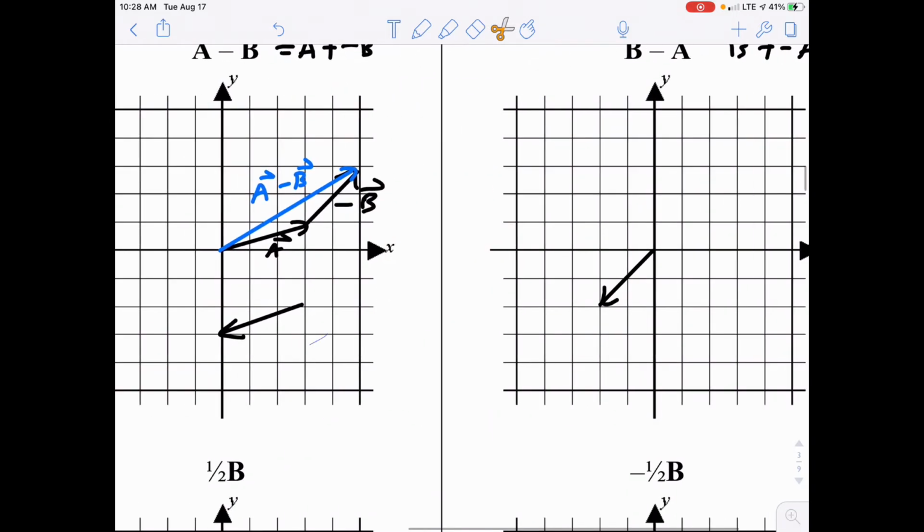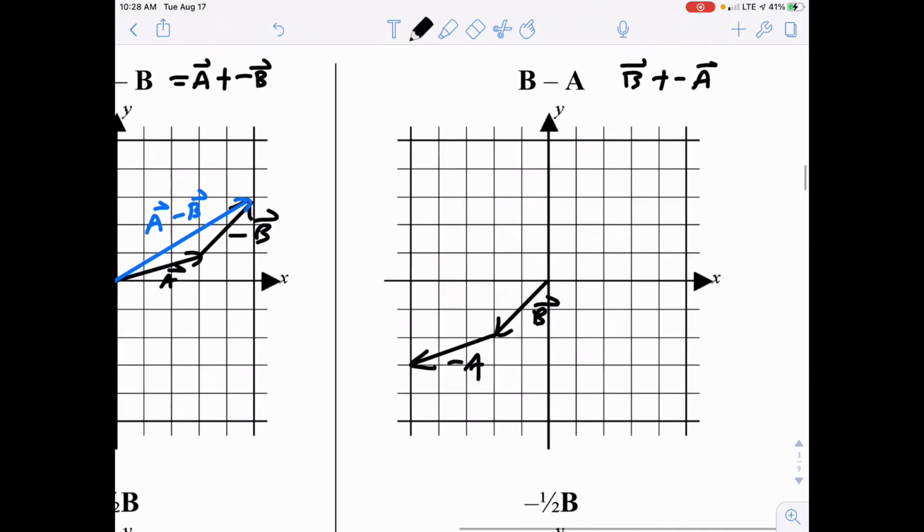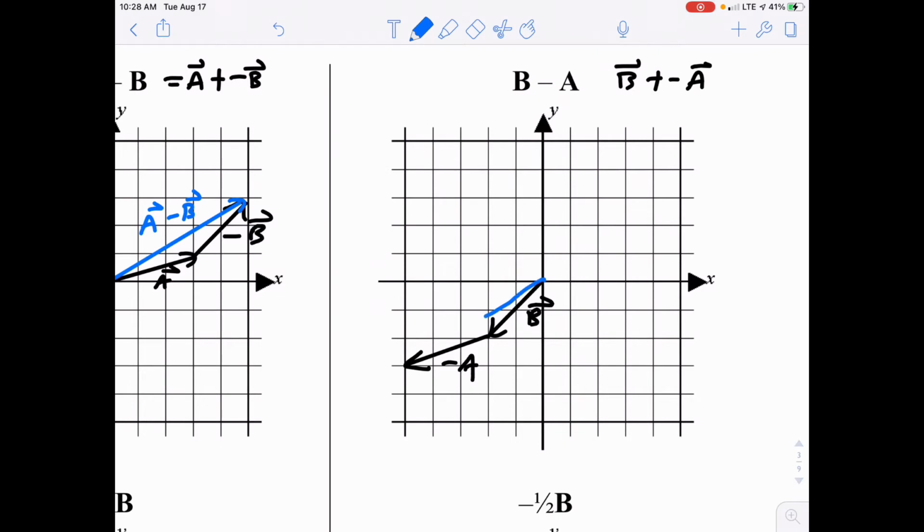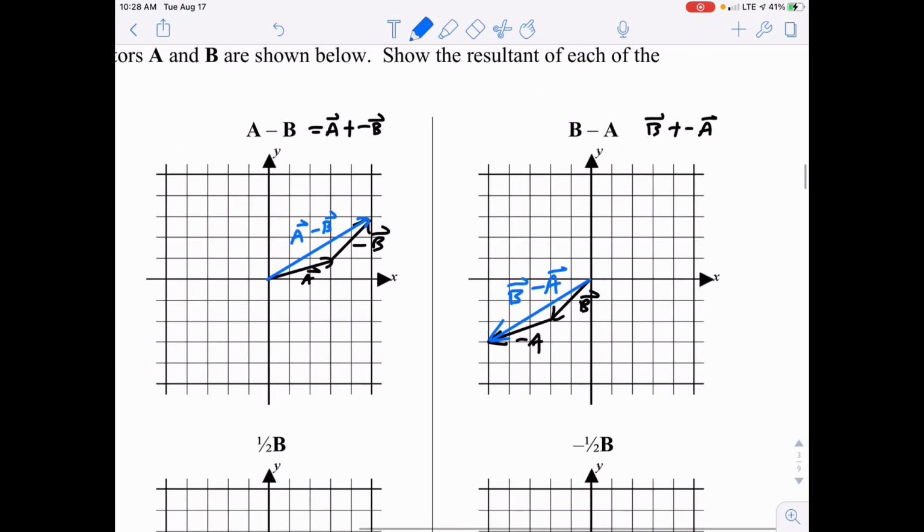So let's take negative A and put negative A at the tip of B. So you've got B, you've got negative A, and this would be B plus a negative A, or B minus A. Draw a line from where it starts to where it finishes, and that would be vector B minus vector A. You can see it's just pointing exactly the opposite direction as A minus B.